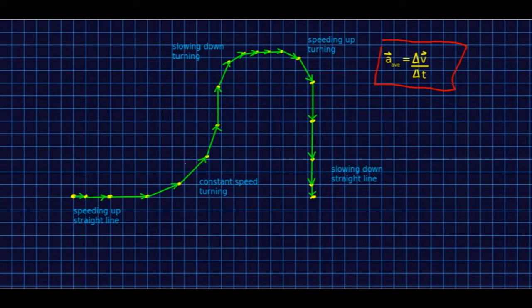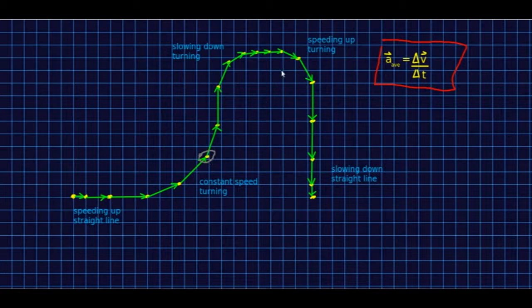And so if we were to find an average acceleration at some point, we need two velocities, an initial and a final. So we can choose this as our initial and this is our final, right? One before and one after the point we're interested in.